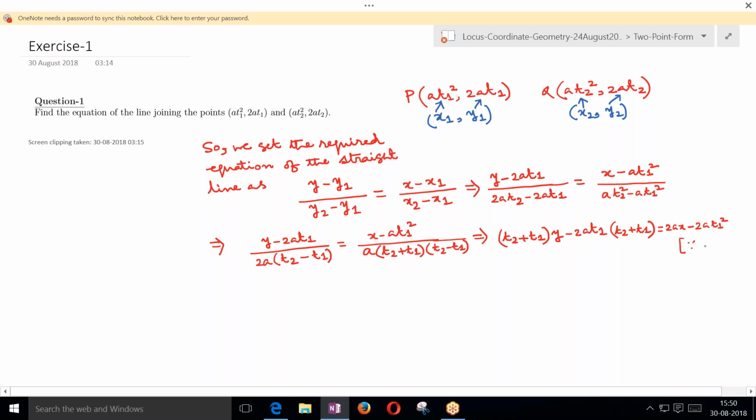Why can we write this? We can write a into t2 minus t1 is not equal to 0.